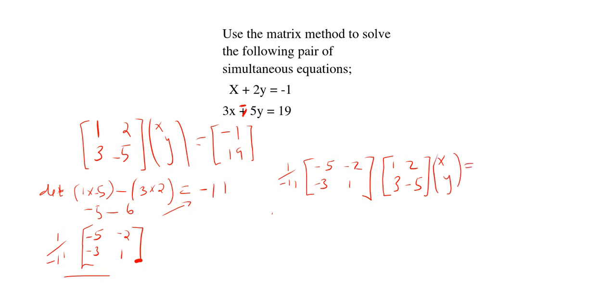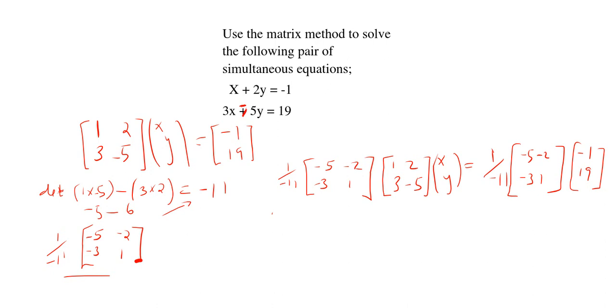This should be equal to 1 over -11 times -5, -2, -3, 1 times -1 and 19. So we have that.